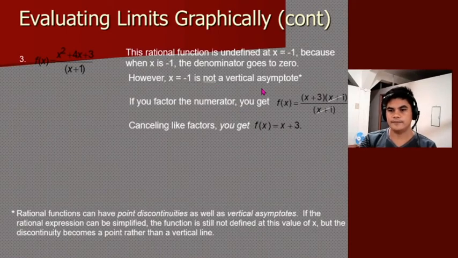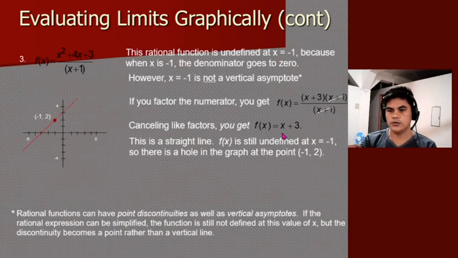Let us see. If we factor the numerator, we will get x plus 3 and x plus 1, over x plus 1, so we can cancel out x plus 1 and x plus 1. What is left is f of x equals x plus 3, and we can now continue with the graph.